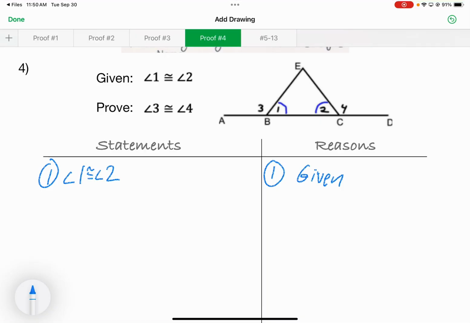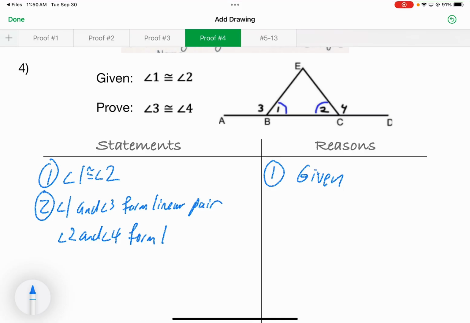Then angle 1 and angle 3 form a linear pair, and I can do the same thing with angle 2 and angle 4. They form a linear pair. Reason? Very good, Molly. Linear pair, that's what I put for definition.